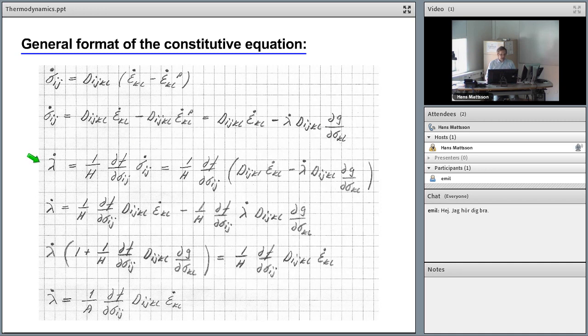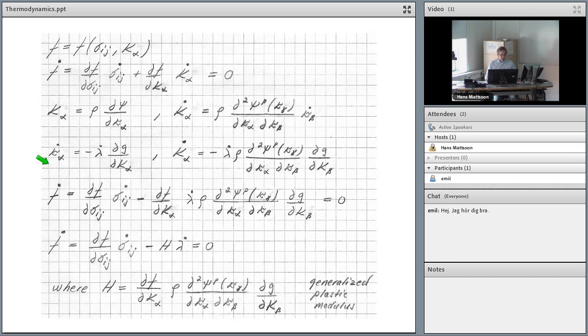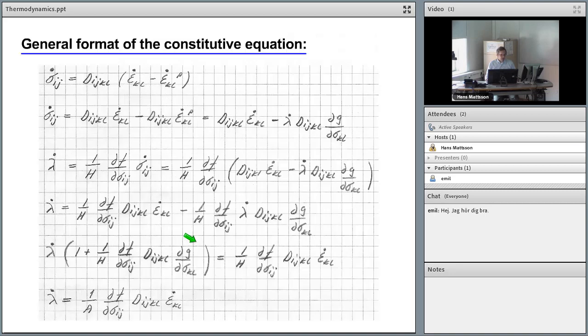This result comes from the page before. I take this equation in the consistency condition and reformulate it like this.